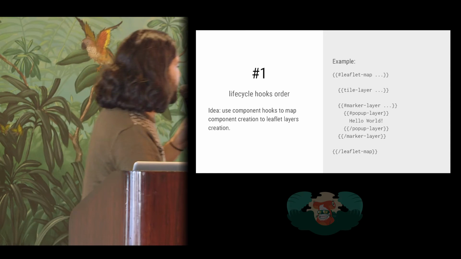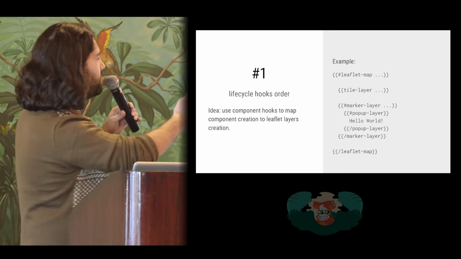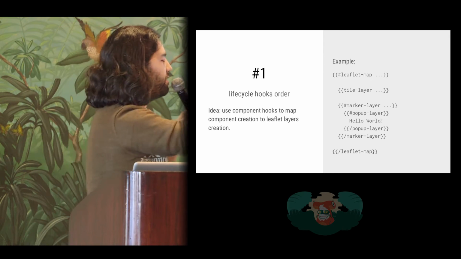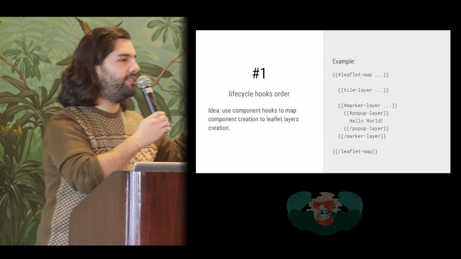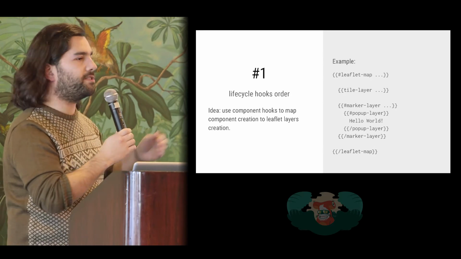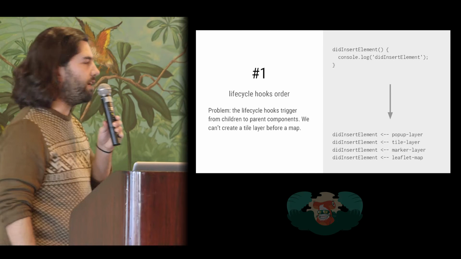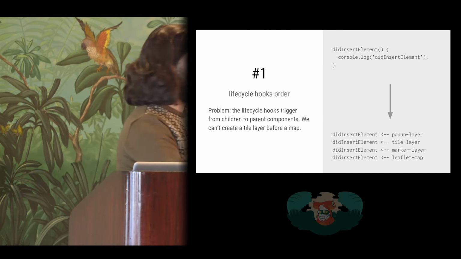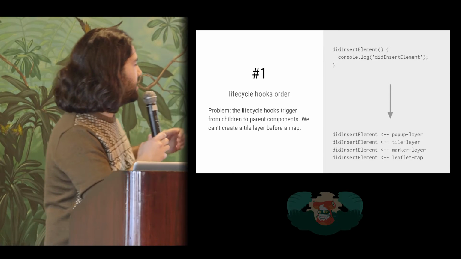So I'll create the map in the didInsertElement of the Leaflet map component, then I'll create the tile layer in the didInsertElement hook of the tile layer component, and so on and so forth. However, it didn't end up quite well because the lifecycle hook order is not what I expected.